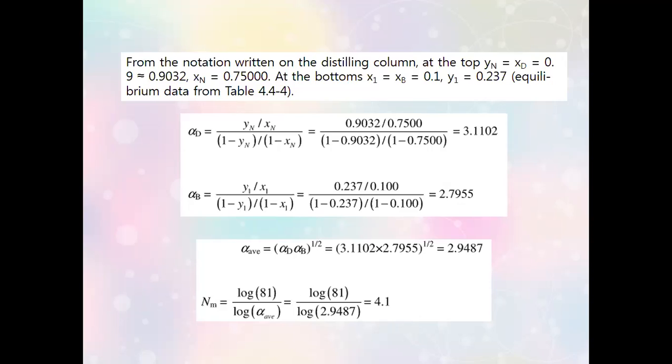You're going to get the temperature on that boiling point temperature diagram. If you recall in our discussion at the start of the topic on distillation, you have the diagram which has two curves. The one for saturated liquid is the bottom curve, and the other is the saturated vapor.